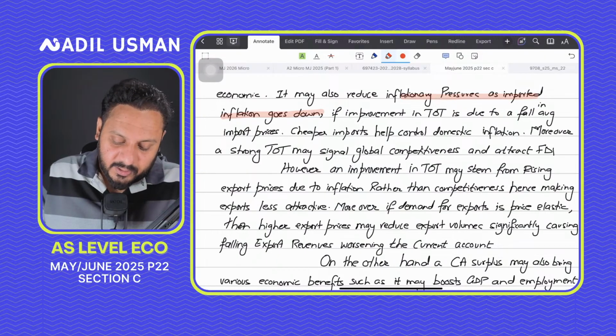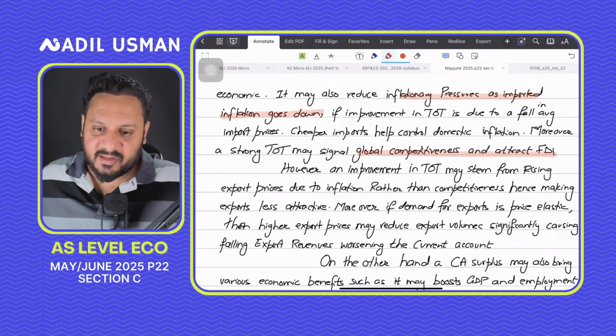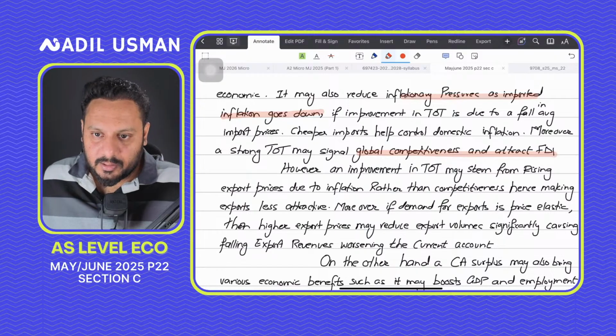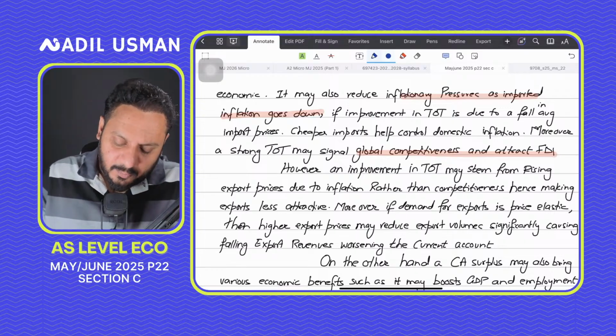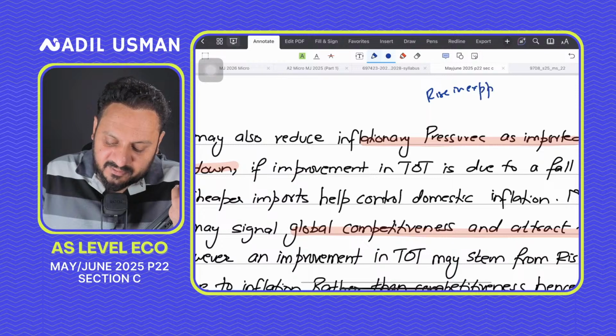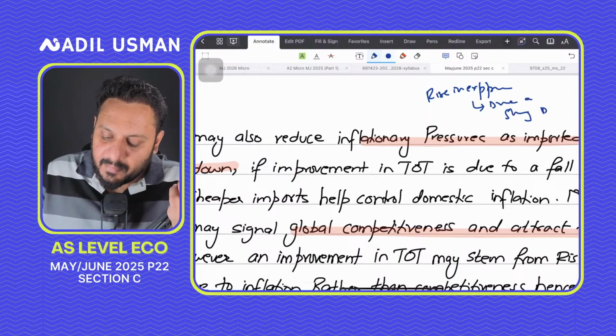Moreover, a strong TOT may signal global competitiveness and attract FDI, right? So if you have a strong terms of trade, definitely it is a signal that your country is doing well, maybe because your export prices are rising, and a rise in export prices due to a strong demand for exports.